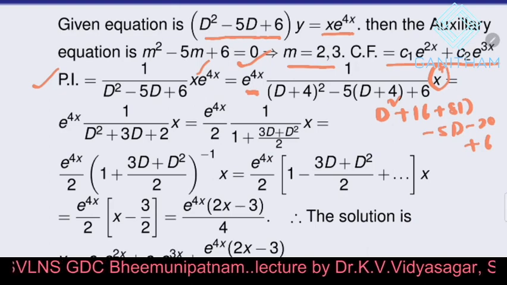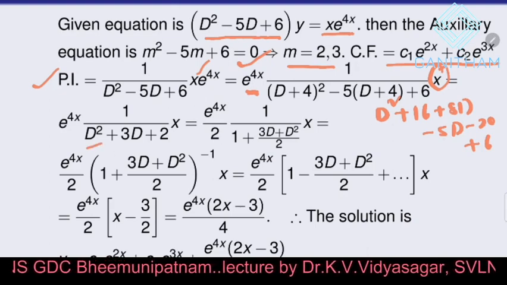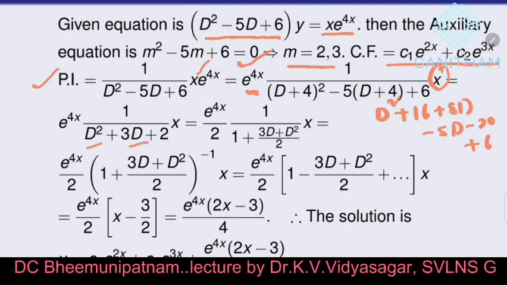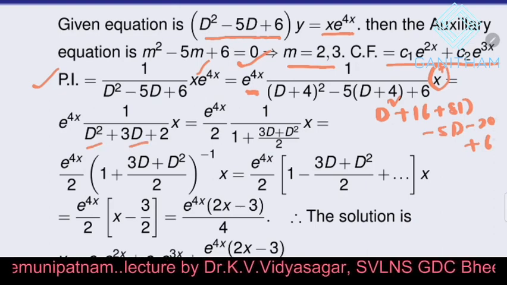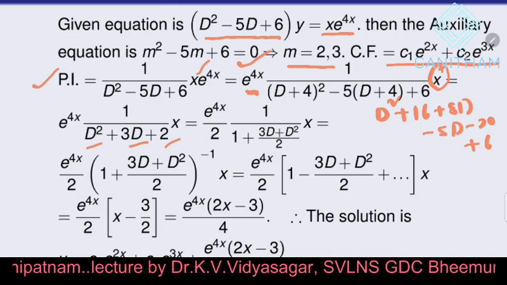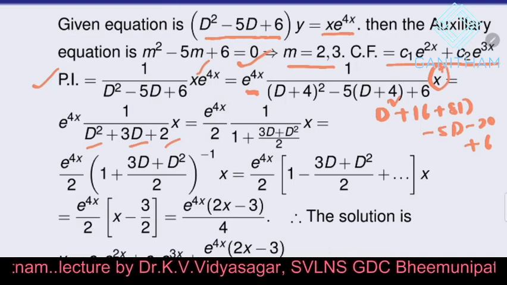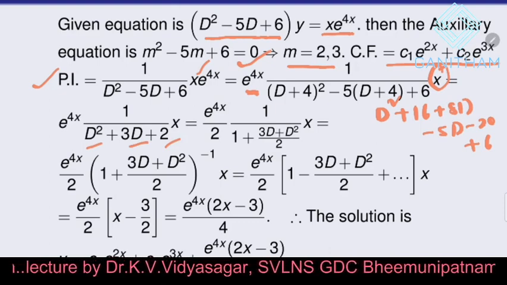D square is D square, 8D minus 5D is 3D, 16 plus 6 is 22, 22 minus 20 is 2. So this is the remaining value after doing some simplification.